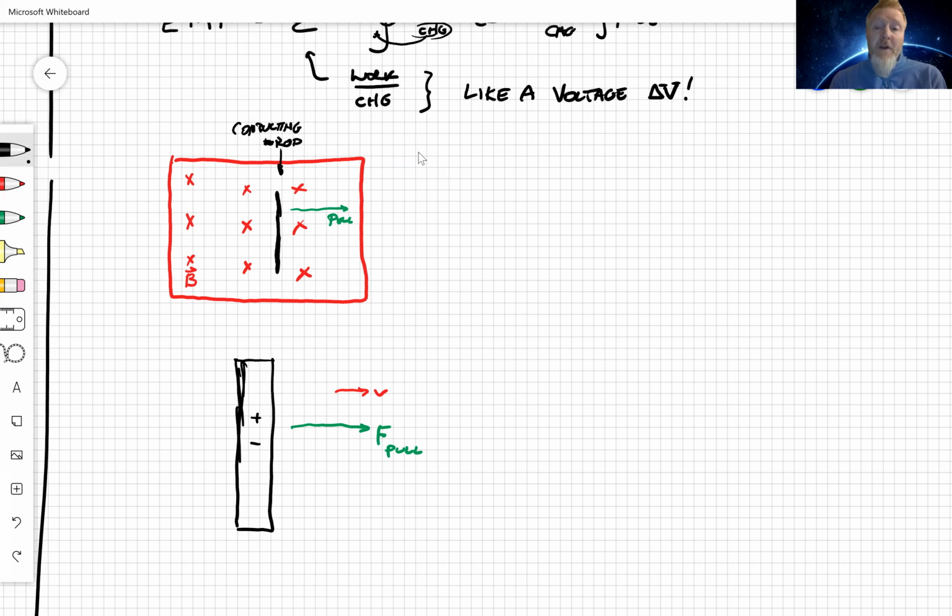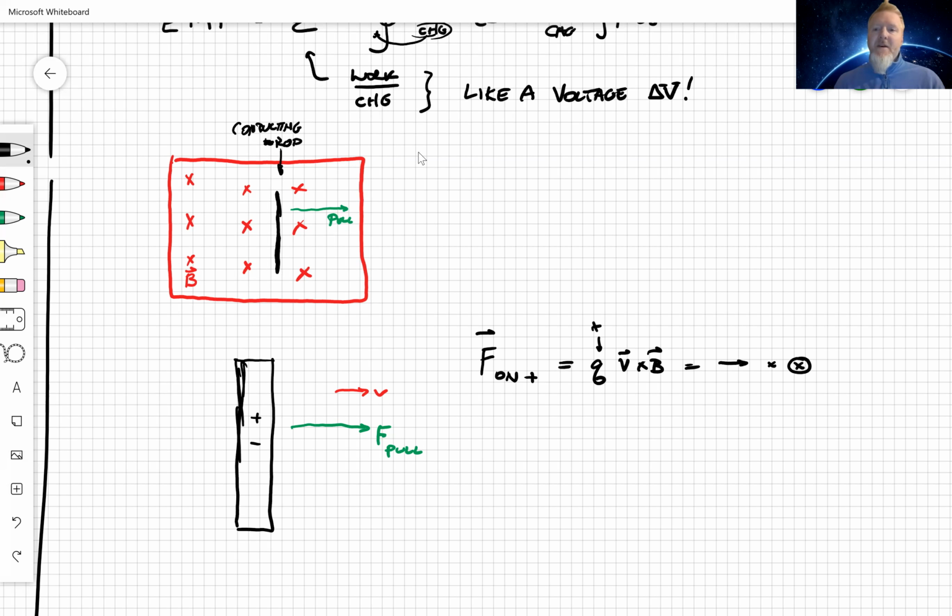The force on the positive charge is Q, which is positive, times V cross B. And Q is positive, and V is to the right, and B is inwards.